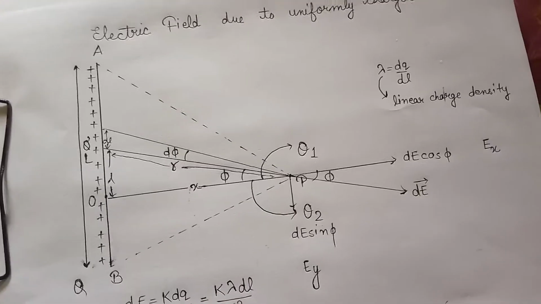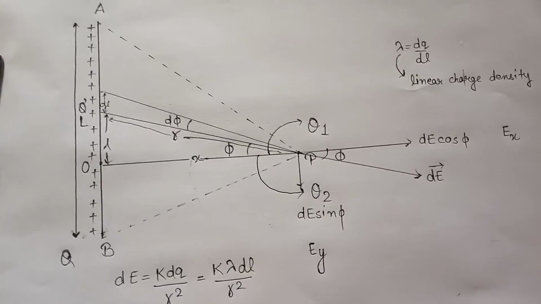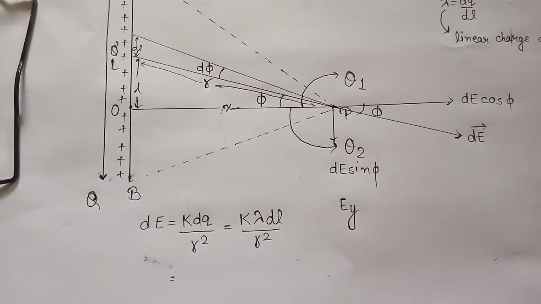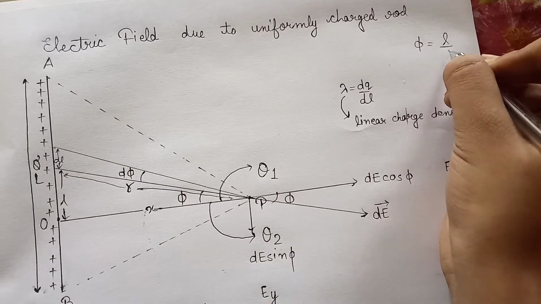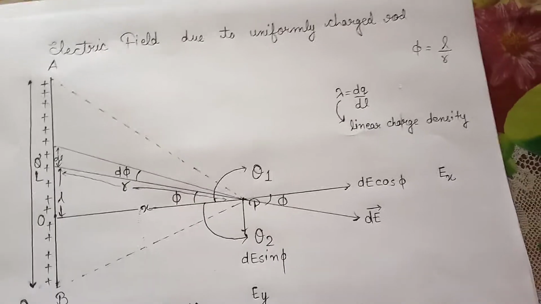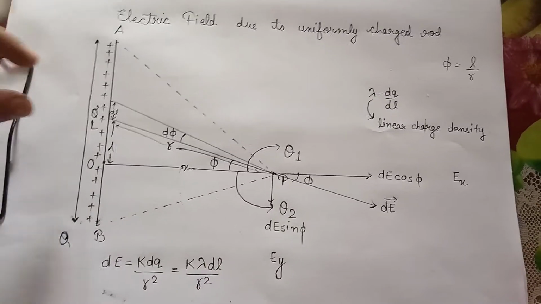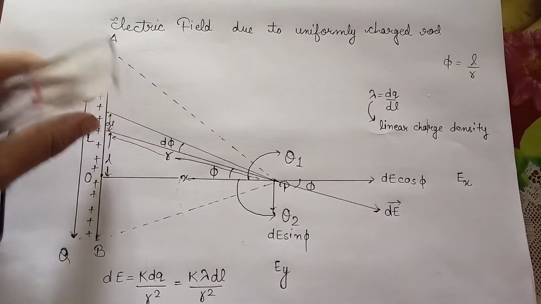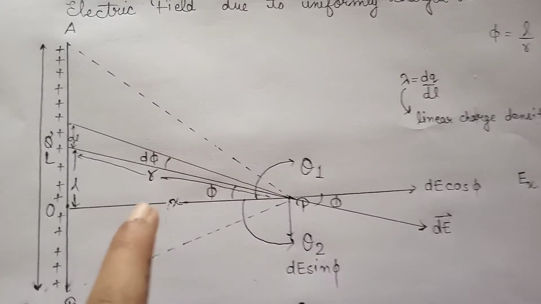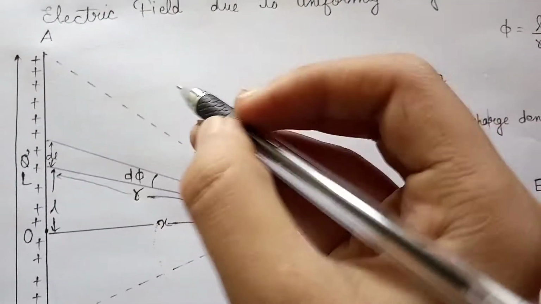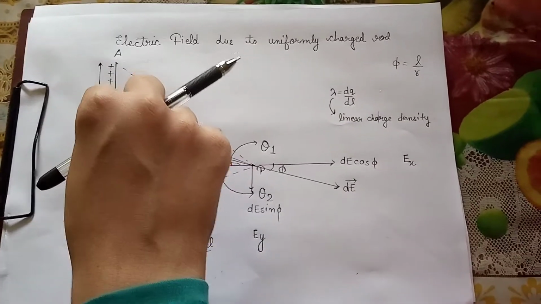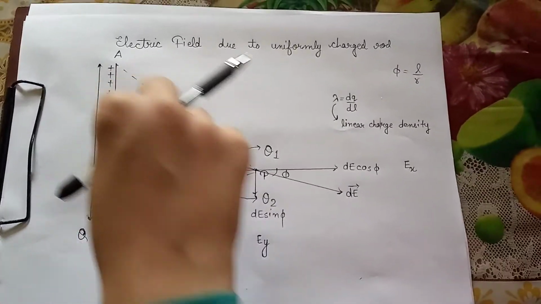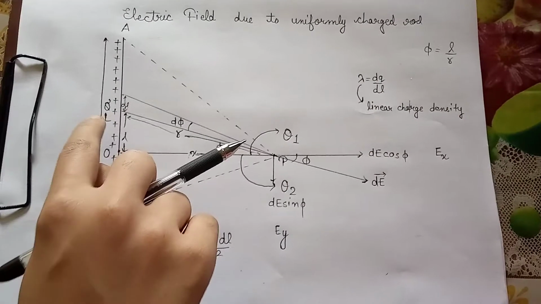And we know that theta is equal to arc length upon radius. So here this is a very small length and this angle is also very small. So if a very large circle is around this length, this length can be its arc.